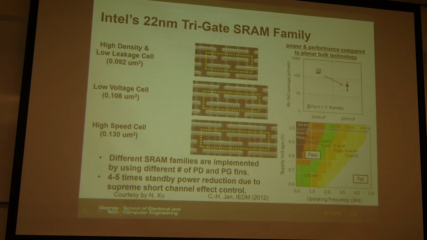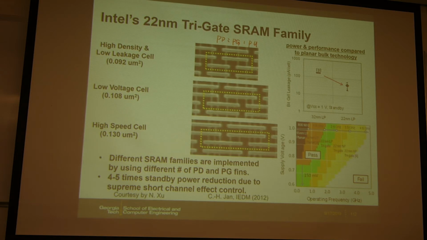And this is the microscope image of the layout. My question for you is, what is the ratio of pull down with pass gate with pull up? If I give this kind of image to you, you need to figure out what the ratio is. Any idea?